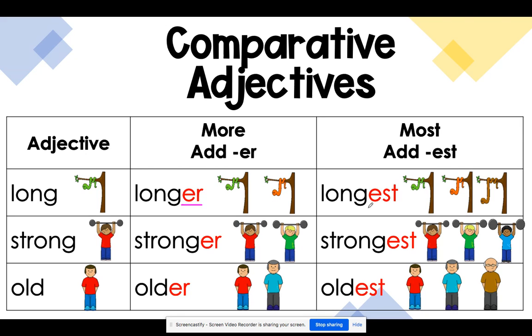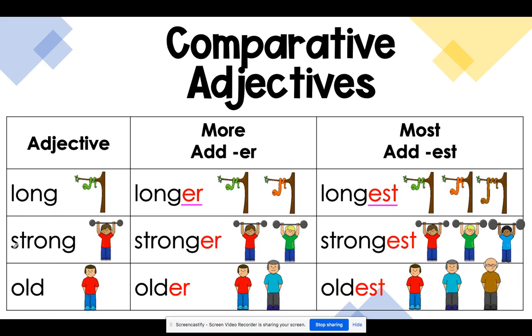Now looking at the last example, now I'm comparing three types of snakes. And I want to show that the brown snake is the most long. So I do that by adding EST to our adjective, and it becomes longest. I would say that the brown snake is the longest snake.